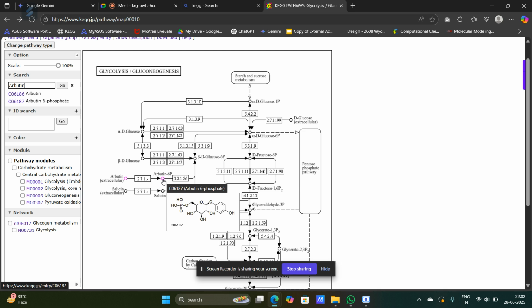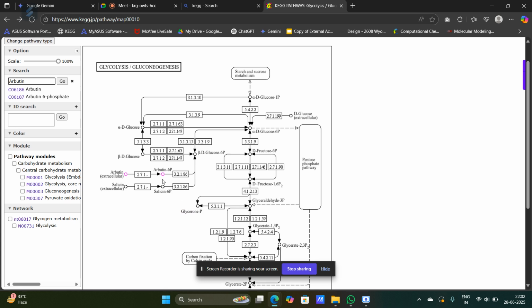Can you guys see? It is highlighted in pink for me: arbutin extracellular and arbutin 6 phosphate. Are you guys able to understand?